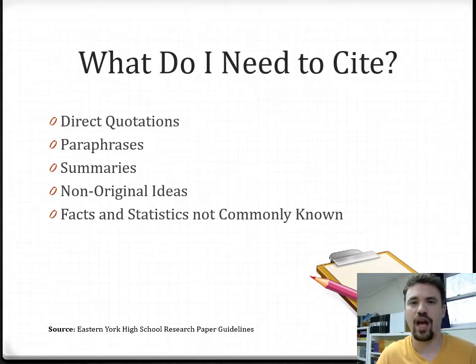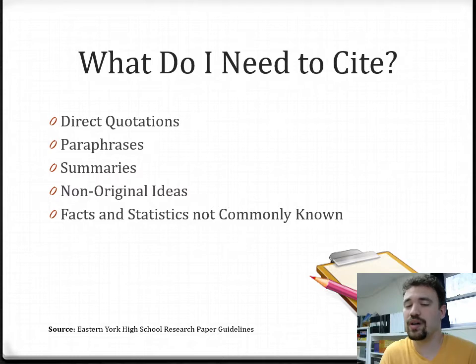They think, "Oh, I didn't quote that, so it doesn't need to be cited." Well, if you got that information from somewhere, you need to cite it. If you paraphrased somebody's words or summarized a large section of an article, that still needs to be cited because you didn't come up with it out of your own head.